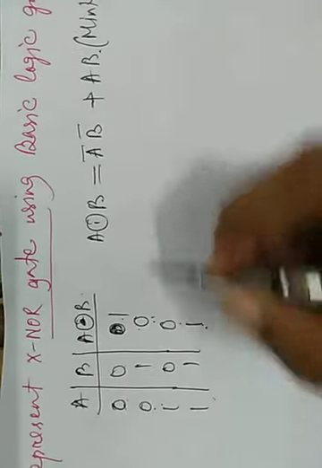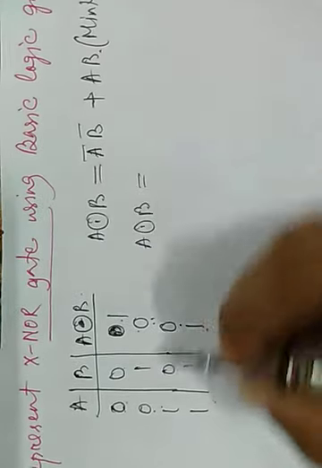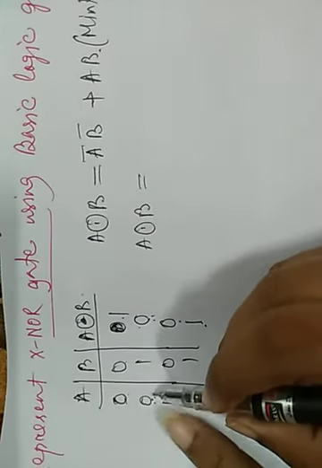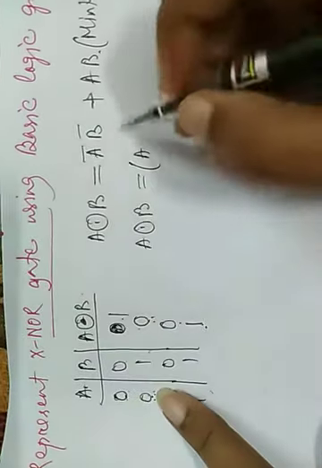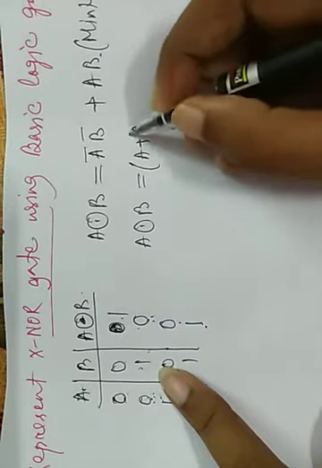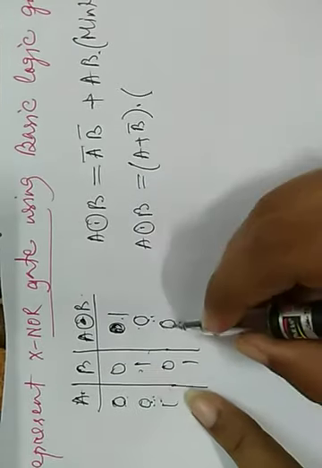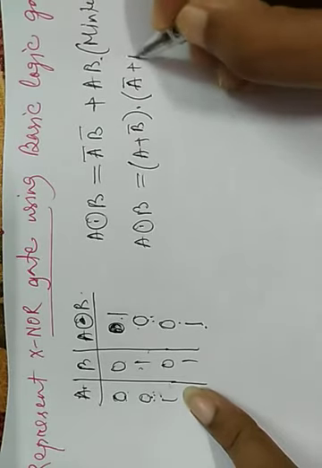But if we take the maxterm expression, what will the expression be? For 0 we take the single value and for 1 we take the complemented value: (A plus B bar) dot (A bar plus B).